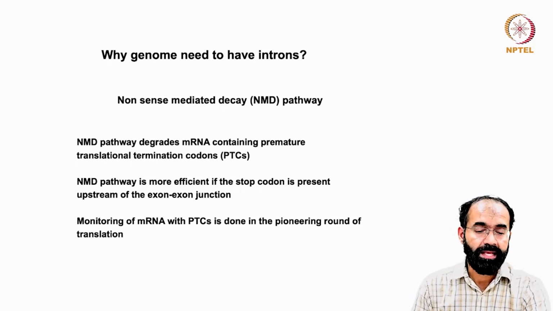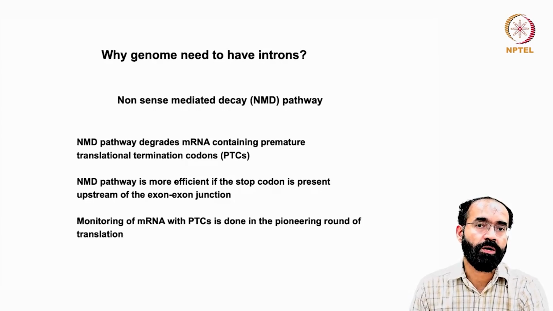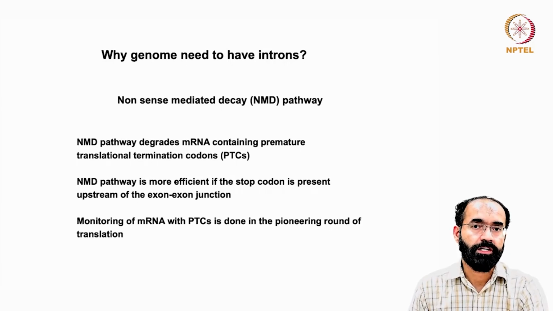But how is it doing it? The NMD pathway is more efficient if the stop codon is present upstream of the exon-exon junction. Remember, so far we have been talking about the exon-intron boundary. Here we are talking about the exon-exon junction in a mature mRNA. So say if a mature mRNA has 3 exons, exon 1, exon 2, exon 3, it has 2 exon-exon junctions.